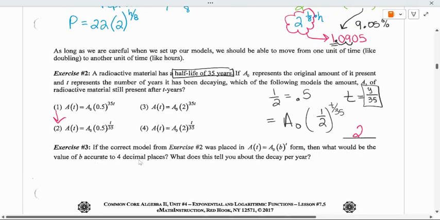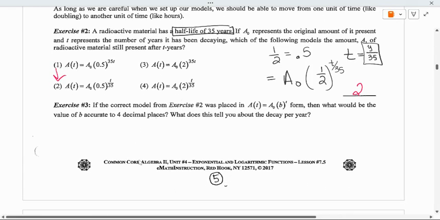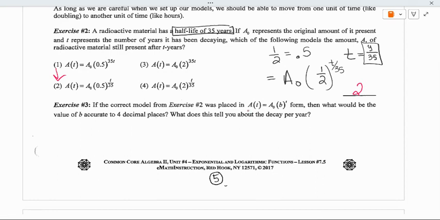So if the correct model from exercise 2 was placed in this function, like y equals a times b to the power of x, that's really what that looks like, then what would be the value of b, accurate to 4 decimal places? So it's saying, hey, now I want you to find b. So we're focused on this multiplier again.